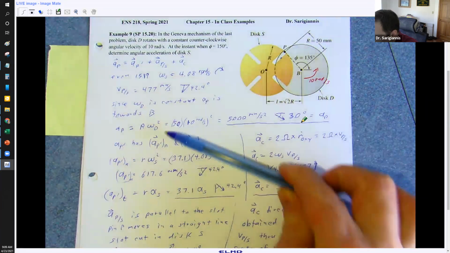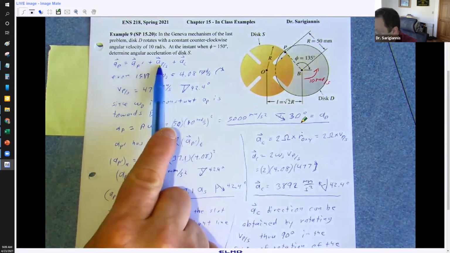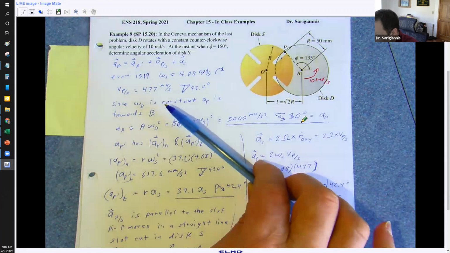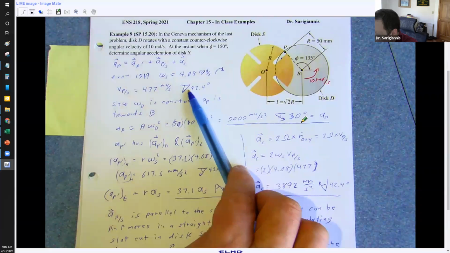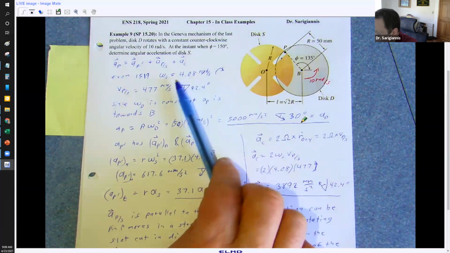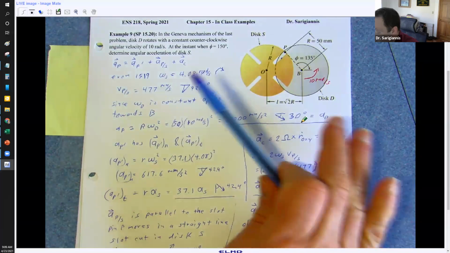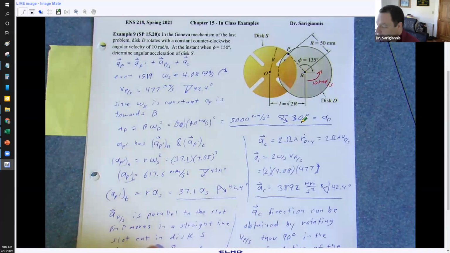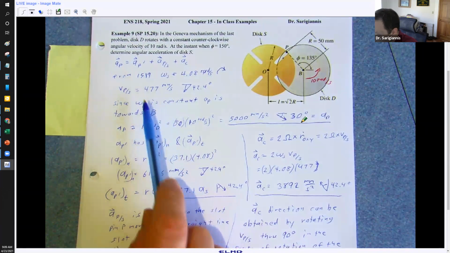And what we've done is we've taken each of these terms from the equations in the book and built up what they are. Remember, we did the previous problem where we had the angular velocity calculated already. So we already had some information from that. If you were starting from scratch, you'd have to do all the work we did in the last sample problem to get to this point.